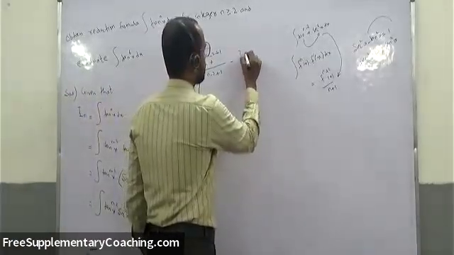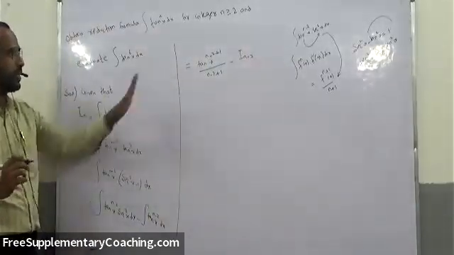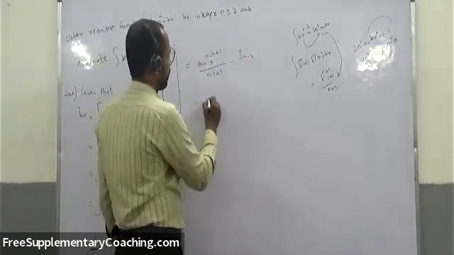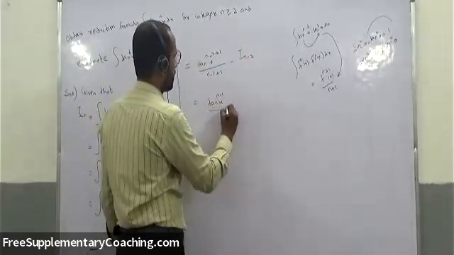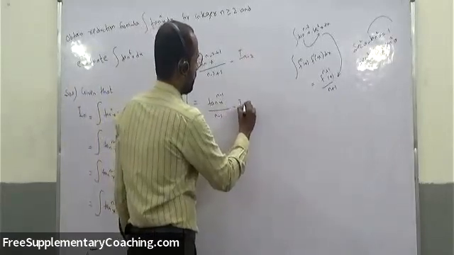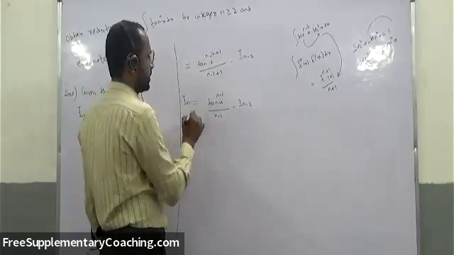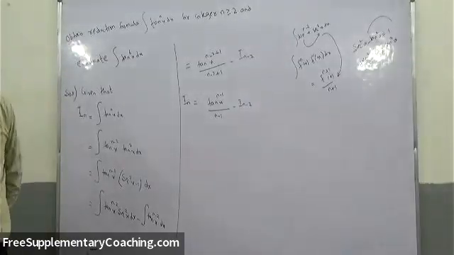Now simplify it. What you are getting: tan power n minus 1 x by n minus 1 minus I n minus 2. This is the reduced form of integration of tan power nx dx.